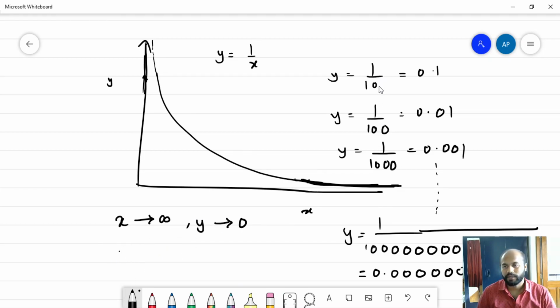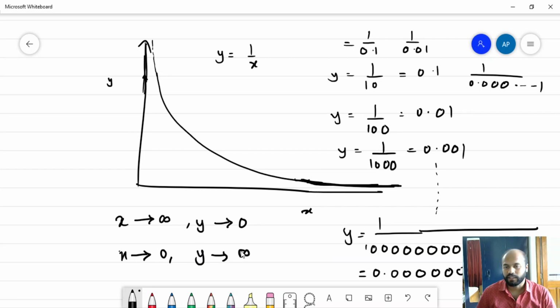Similarly, if I keep reducing these values, like I write 1 by 0.1, then 1 by 0.01, and similarly 1 by 0.000, as many zeros as possible, and then 1, we say that as x approaches 0, y tends to infinity. That is this possible case.